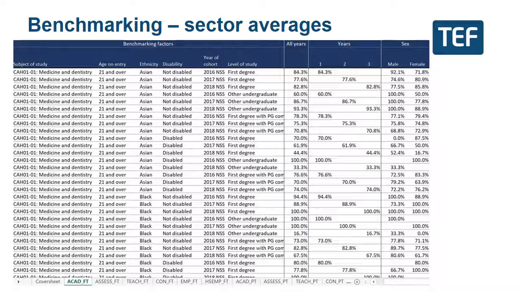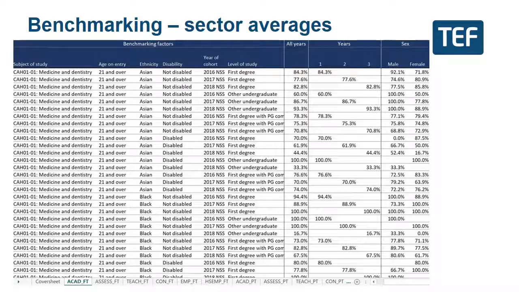And because this is the NSS and it's benchmarked by year, this is for students who completed the 2016 NSS. So we can see that for this type of student in that year, the average satisfaction with academic support was 84.3% across the sector.